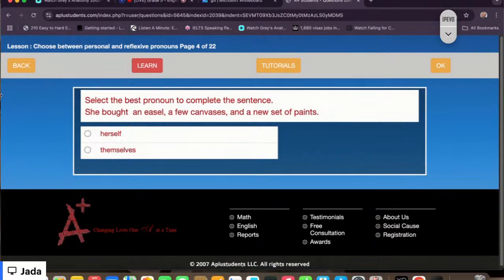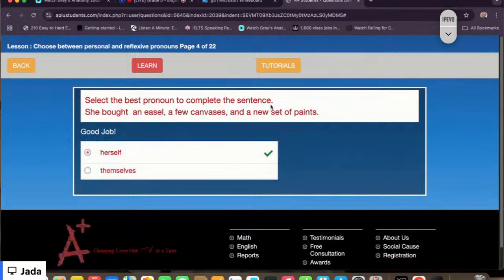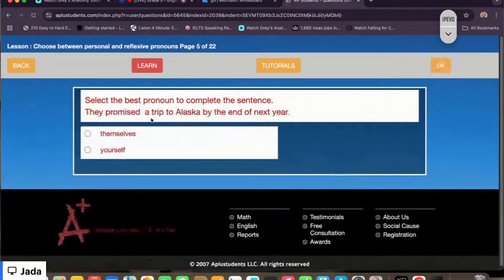Okay, so she bought herself and Ethel a few canvases and a new set of paints. They promised Dash a trip to Alaska by the end of next year. So they promised themselves or yourself.